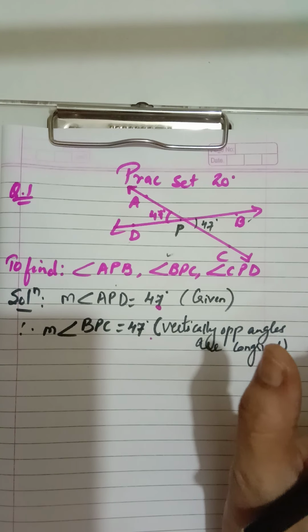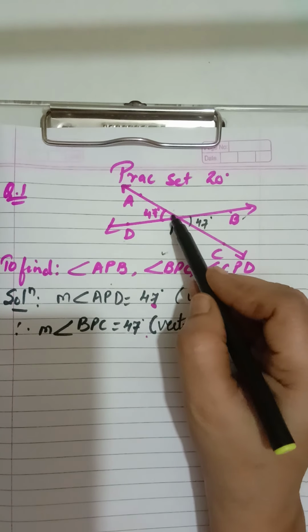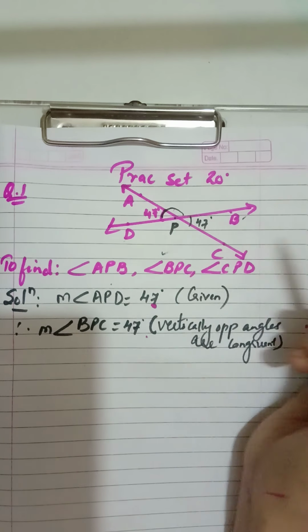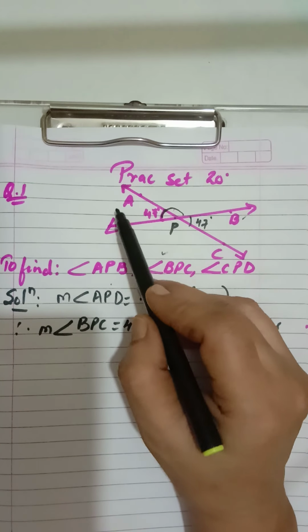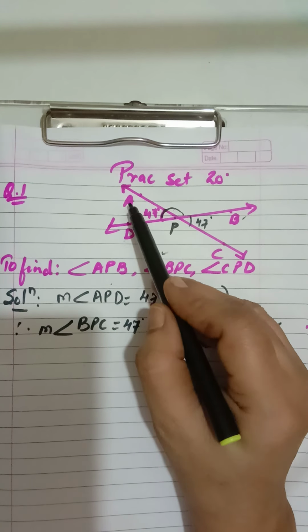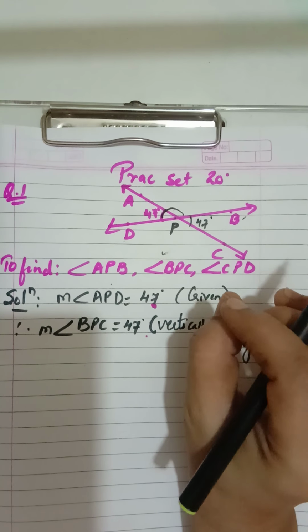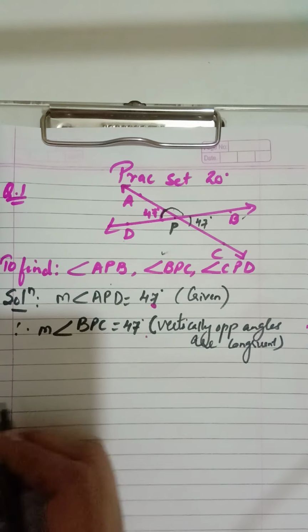Now here you can see, children, this angle is forming a linear pair with this angle APB. So your angle APD and angle APB are forming the linear pair. Let us use that formula.